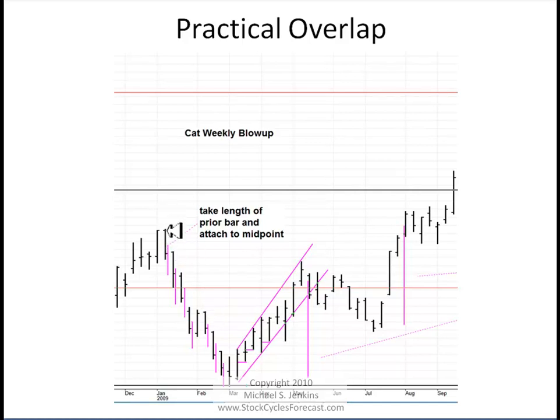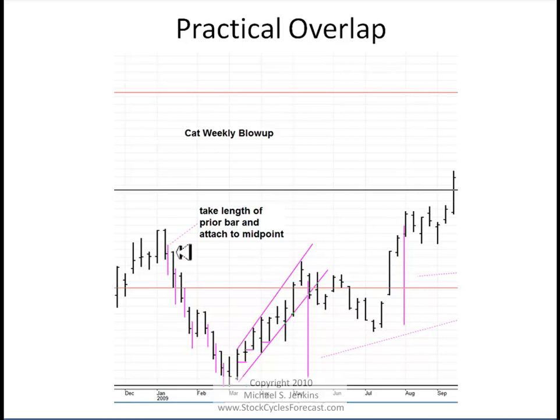First, you have to make an assumption, are you going up or down? But in this case, we're going down. So I attached it to the center of the bar and down. And this will be a representative forecast of what our next day should look like. So this next day's bar here is forecasted by taking the previous day's size bar and attaching it to the center point and dragging it here.